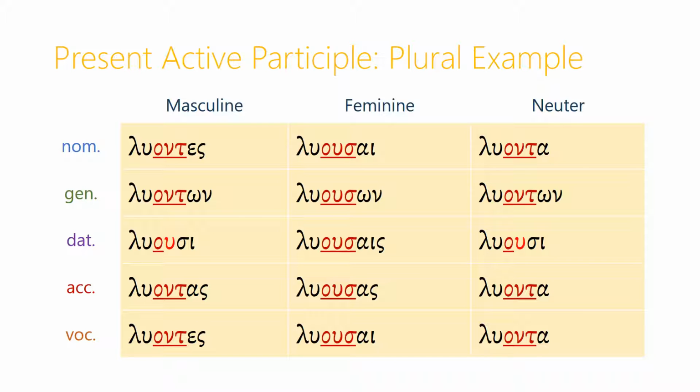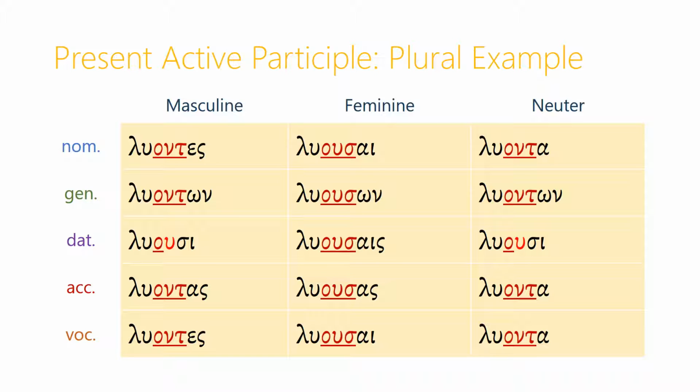So the tau drops out, which would leave us with νσι, and that very quickly seems to have been corrupted to υσι. So if it helps, you can remember that the nu kind of looks a lot like an upsilon. An upsilon is just a rounded off version of a nu.